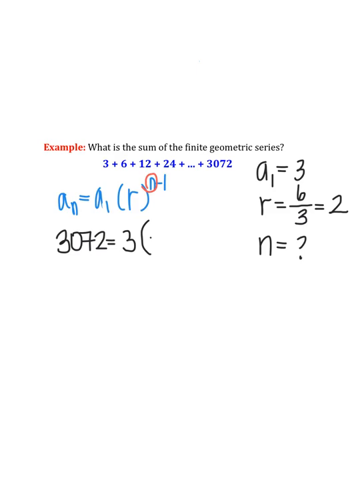I know that my common ratio is 2. And then we've got to the n minus 1 power. In order to solve this, I need to get this piece all by itself. So I'm going to divide both sides by 3. I'll grab my calculator and do that. Divided by 3 ends up being 1024.